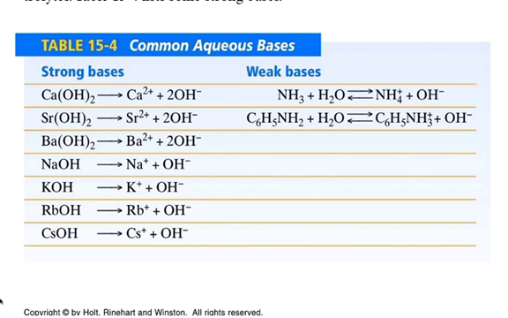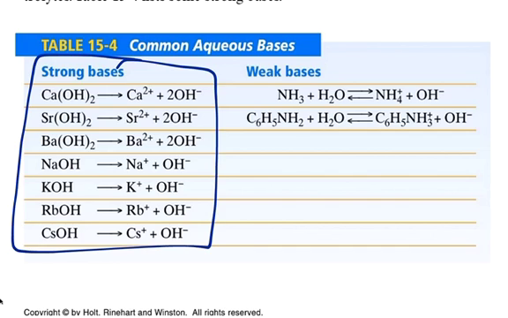Now let's look at some strong and weak bases. Our strong bases are almost exclusively things that have hydroxide ions, at least at this point, based on our current definitions of acids and bases. So if they have hydroxide, they completely dissociate in water. They produce hydroxide ions. Again, notice the arrow going only one way, to completion.